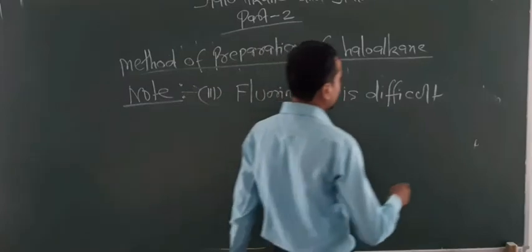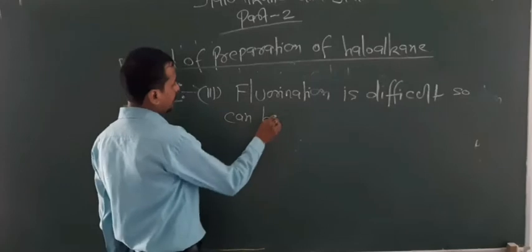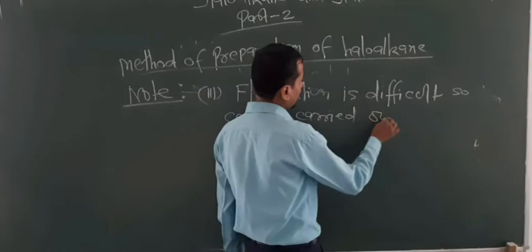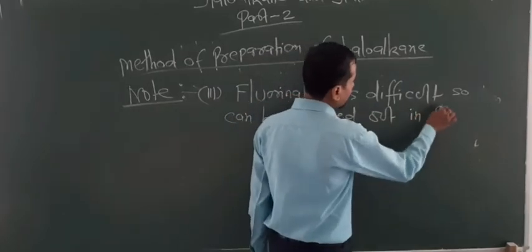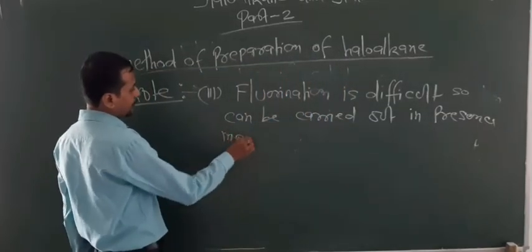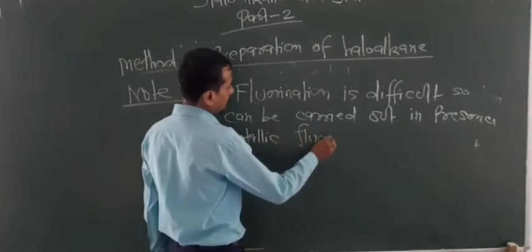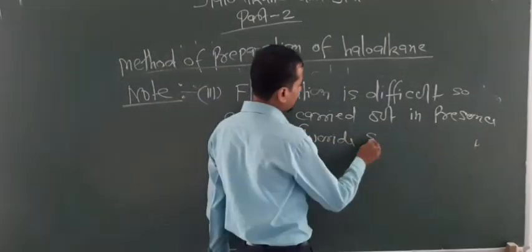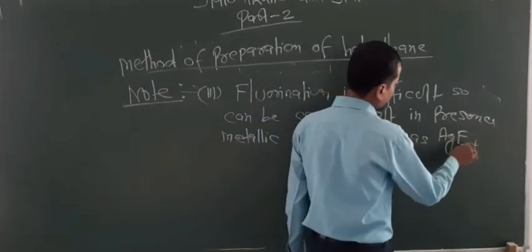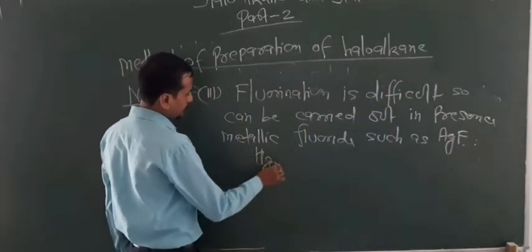So fluorination is difficult, and can be carried out in presence of metallic fluorides such as AgF, Hg2F2.